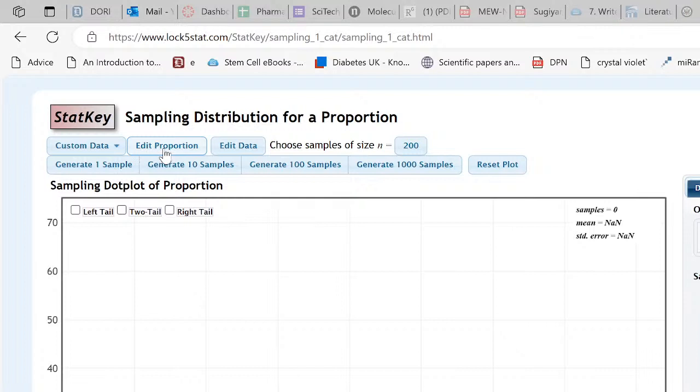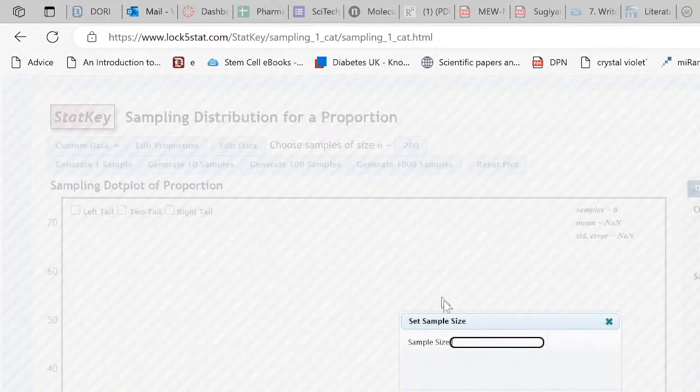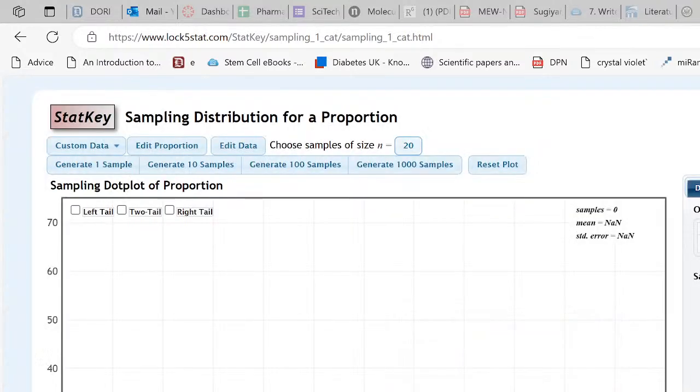So I click this, generate one sample, and it did. It reached into this virtual population of mosquitoes, of which 30% have the disease. And it found 9 out of 20.